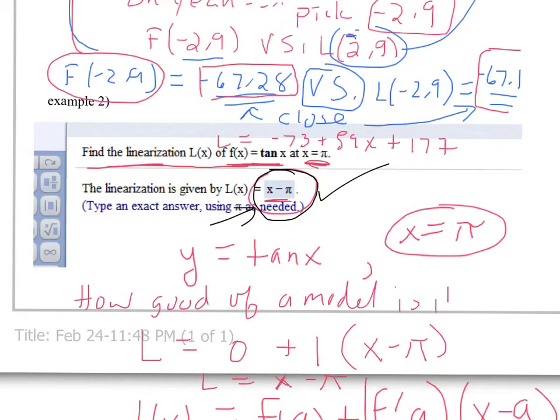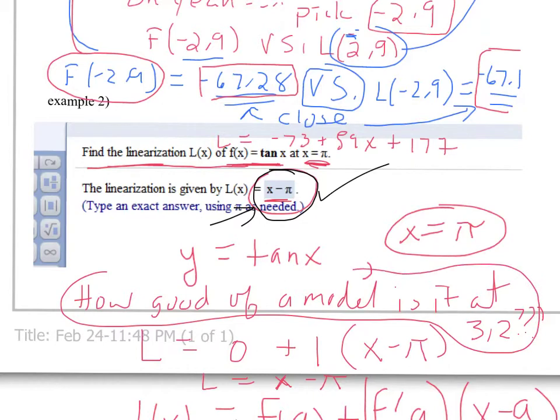Just investigate at 3.2. Again, just plug 3.2 into your original and look at the difference. Make sure you're in radians.